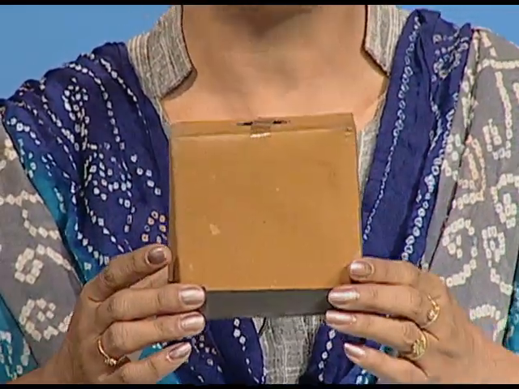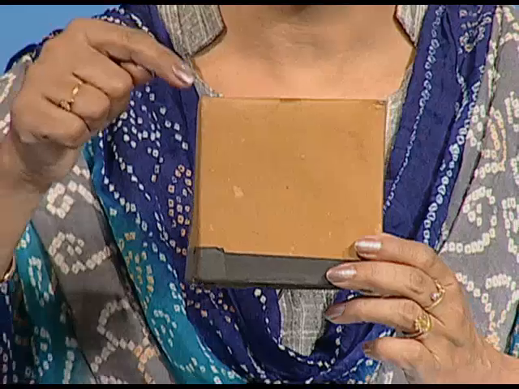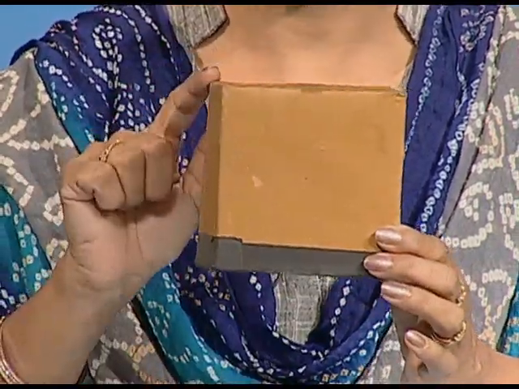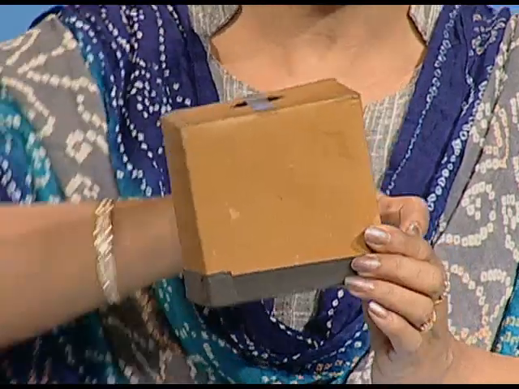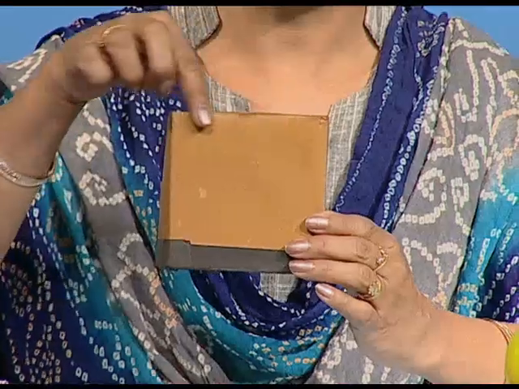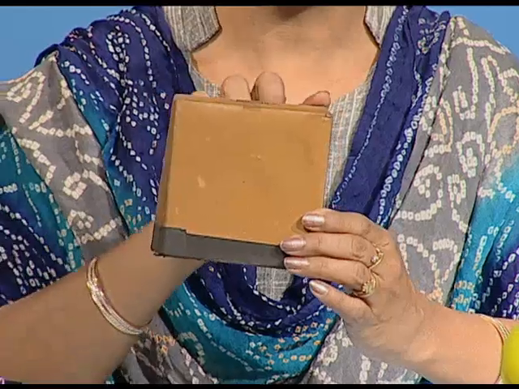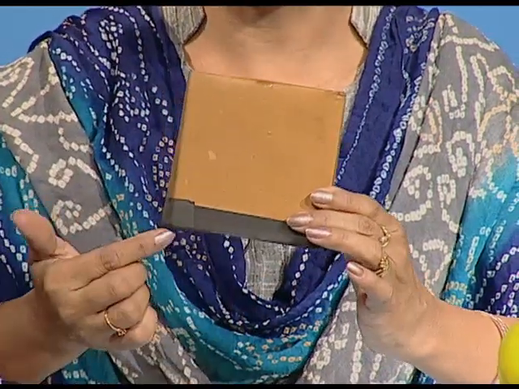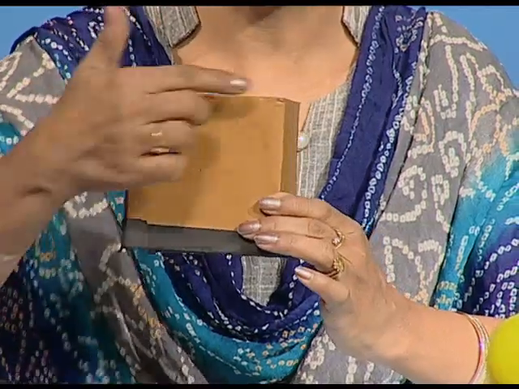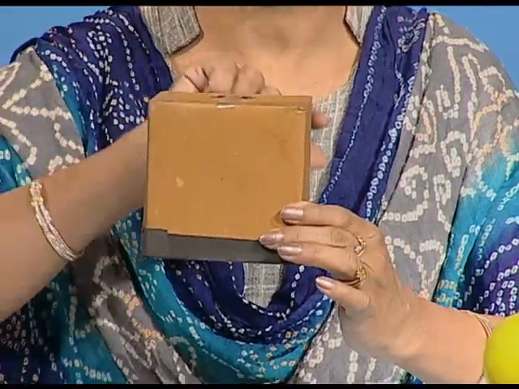Let's count the corners of a unit cell. 1, 2, 3, 4, 5, 6, 7 and 8. There are 8 corners in a unit cell. Let's count the edges. 1, 2, 3, 4, 5, 6, 7, 8, 9, 10, 11 and 12.